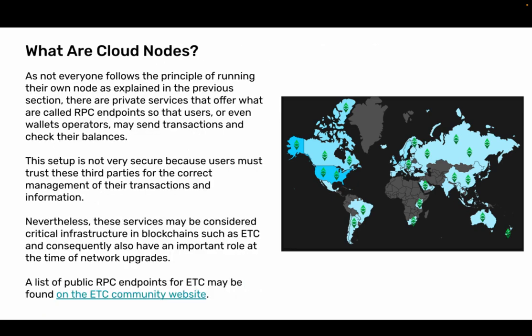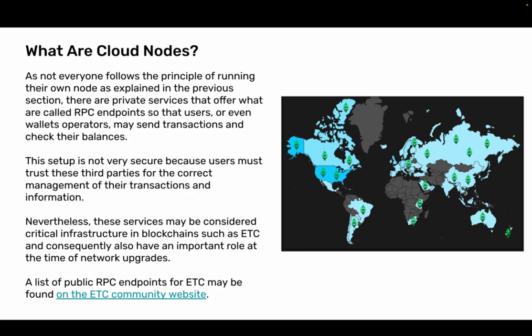What are cloud nodes? As not everyone follows the principle of running their own node as explained in the previous section, there are private services that offer what are called RPC endpoints so that users or even wallet operators may send transactions and check their balances.